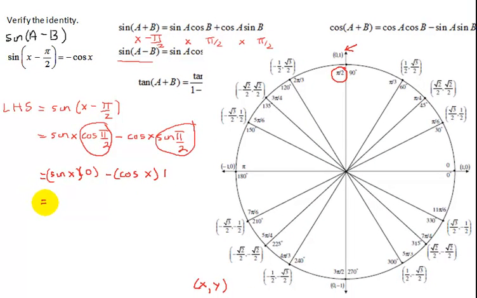So what's my first term? The sine of x times 0, sorry for the bad handwriting, is just 0, minus the cosine of x times 1 is just cosine x. So the answer is negative cosine x.